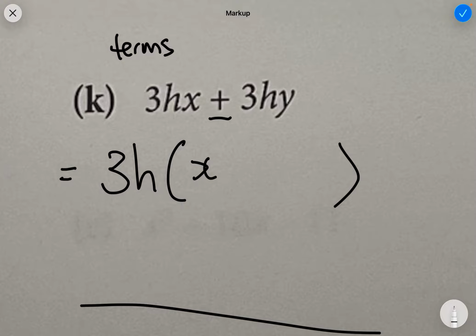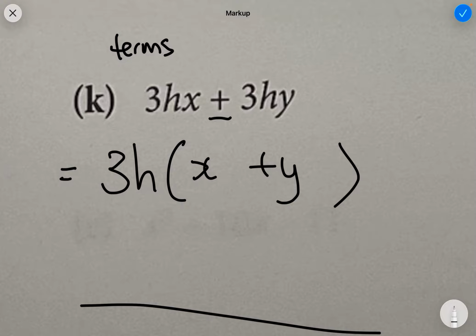Then I go back to the beginning. I started with 2 terms. Then in the end, my bracket must have 2 terms also. So after this 3hx divided by 3h to get my x, the second term is 3hy divided by 3h to get my y, so I still have a plus y. That is how I get back my x plus y.